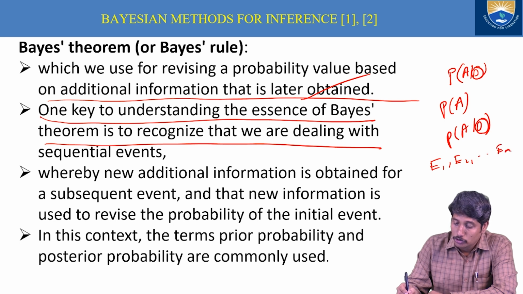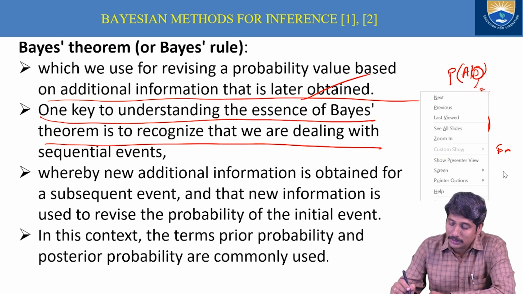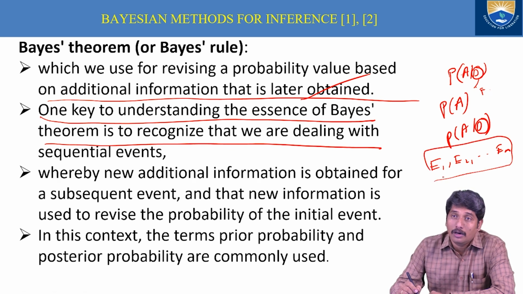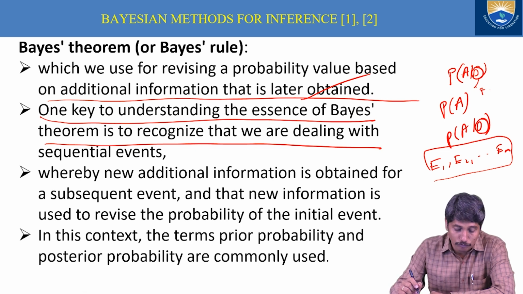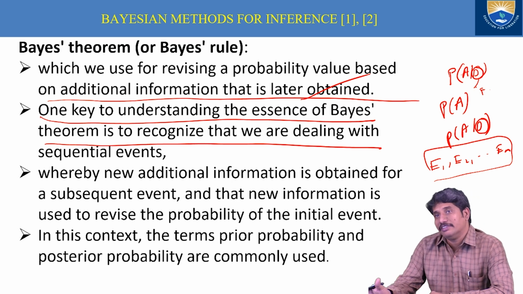So first and foremost, Bayes' law is applied to revise the probability when the latest or additional information is received. That is the first reason for applying Bayes. The second reason is when there is a sequence of events happening which are mutually exclusive, then also you apply Bayes' law, to assess which one is the reason, which one is the cause for an effect, a cause and effect relation.